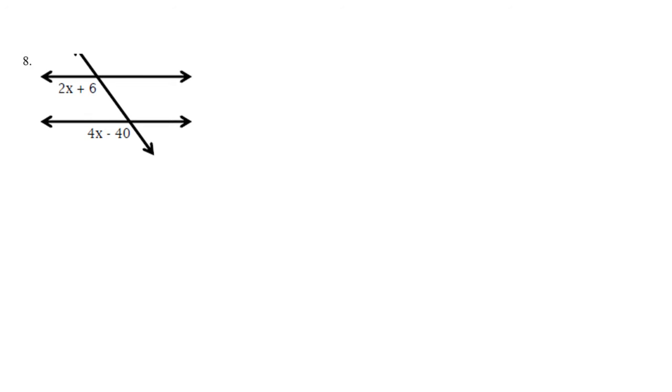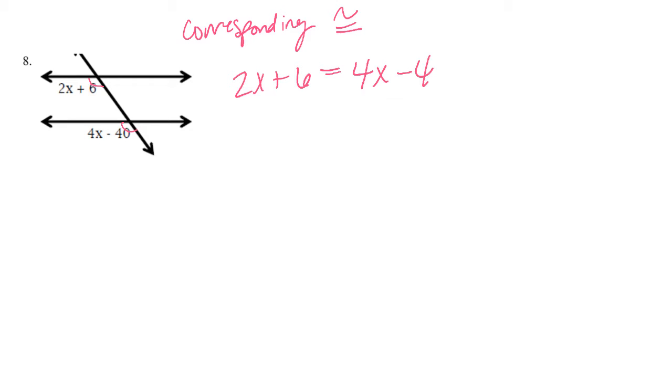All right, the first step here for solving is going to be see what kind of angles we have. These are actually going to be corresponding angles. So they're corresponding, which means they are congruent. So we're going to set 2x plus 6 equal to 4x minus 40.